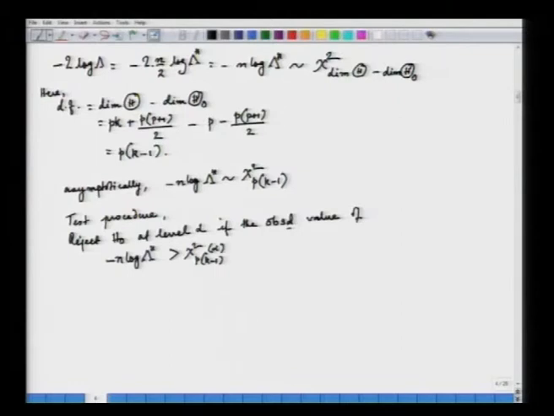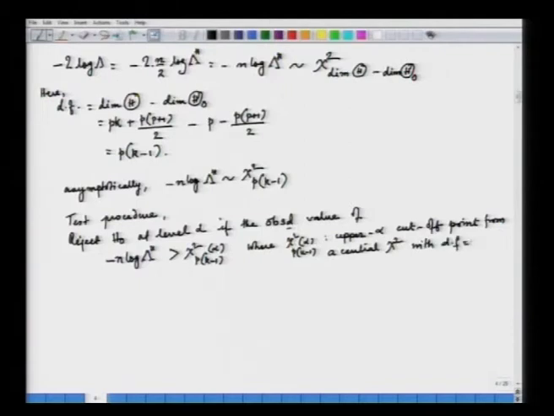So, let us put some alpha here, where chi square alpha, p k minus 1 is the upper alpha cutoff point from a central chi-square with degrees of freedom equal to p times k minus 1.